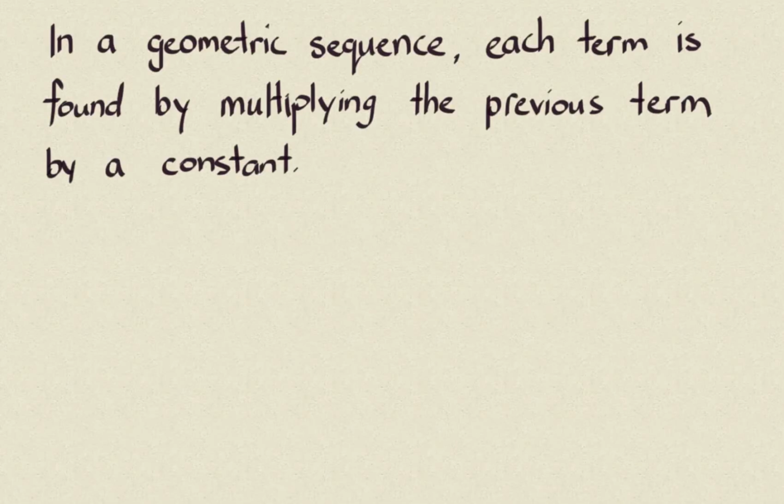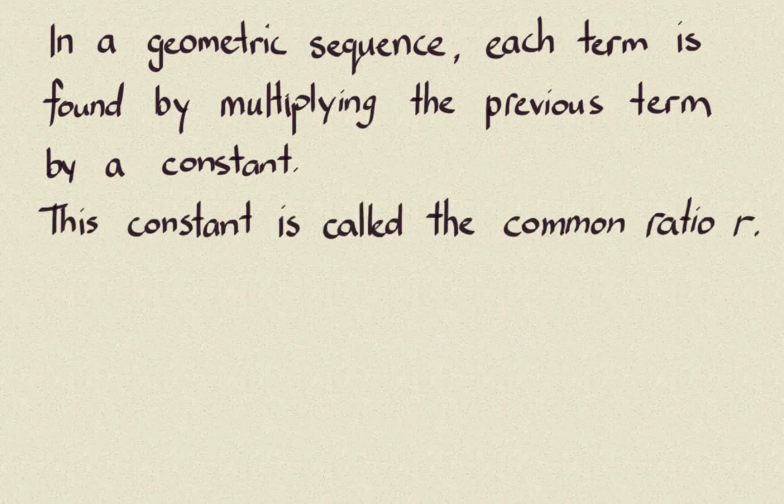In a geometric sequence, each term is found by multiplying the previous term by a constant. This constant is called the common ratio r. So if we take any nth term and we divide it by the term before it, so Tn minus 1, this will give us the common ratio represented by r.